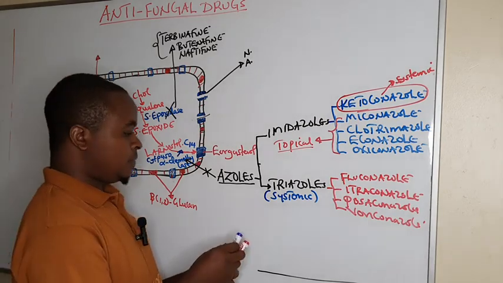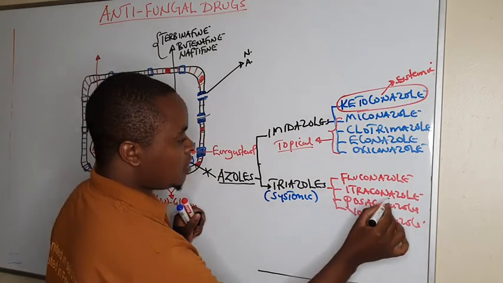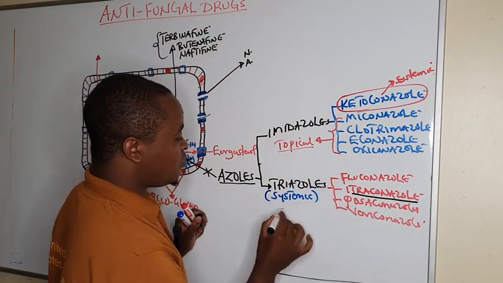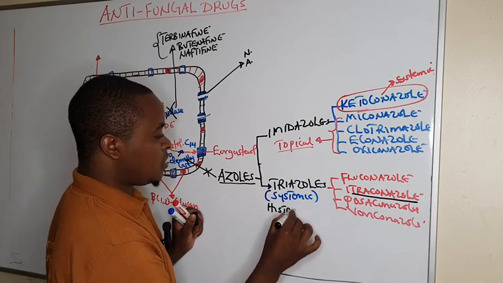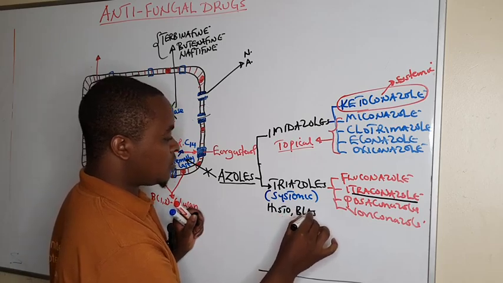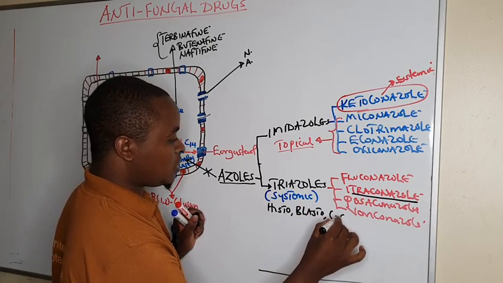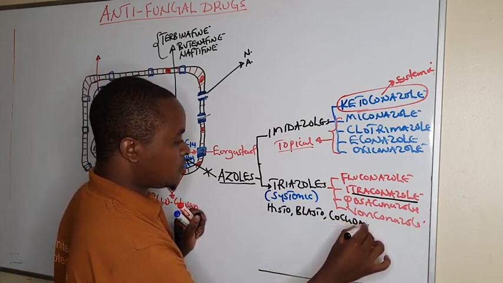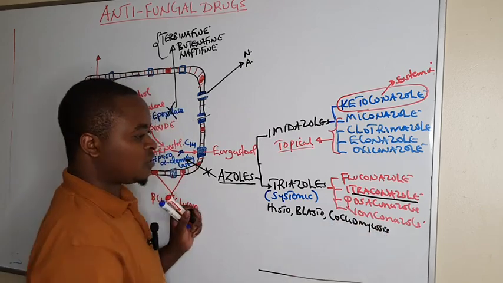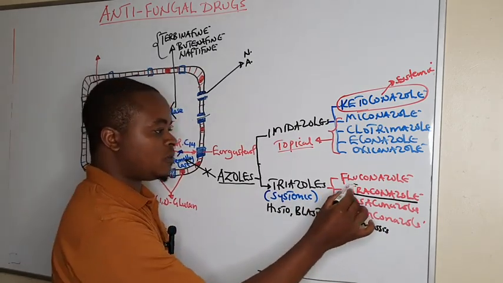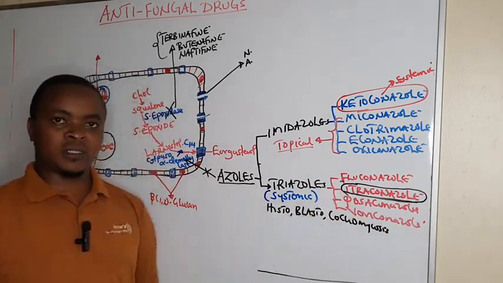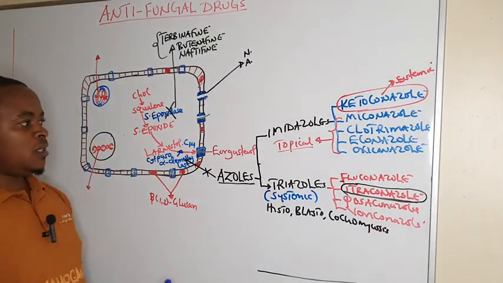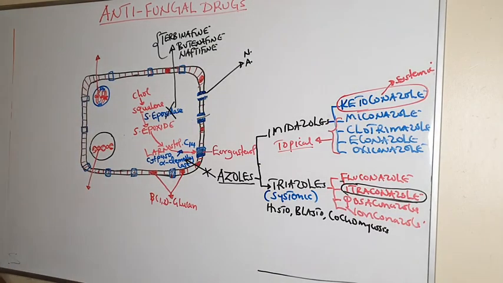Especially itraconazole is a drug of choice for treating histoplasmosis, blastomycosis, and coccidioidomycosis. But also fluconazole can be used, as we shall see. So these are the two categories we have already seen.